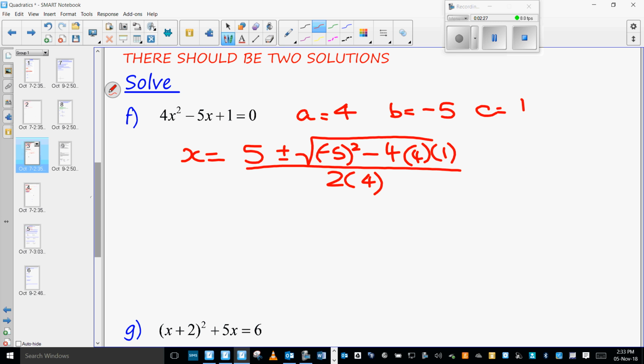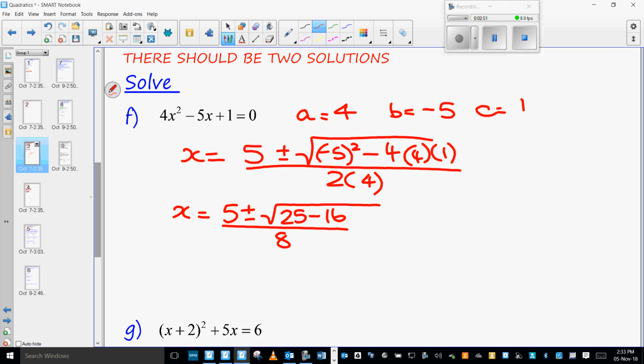Who's got a calculator? Now, this could be on a non-calculator paper, so let's work with it as much as possible without a calculator. x equals 5 plus or minus, what's negative 5 squared? 25. Subtract, what's 4 times 4 times 1? 16, over 8.